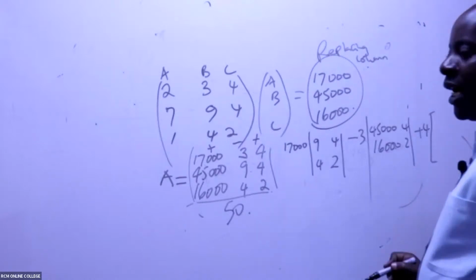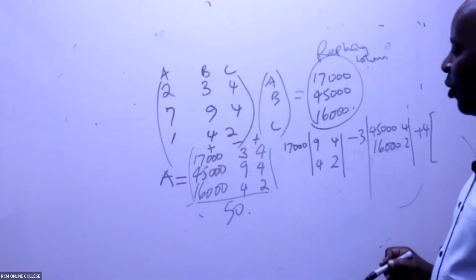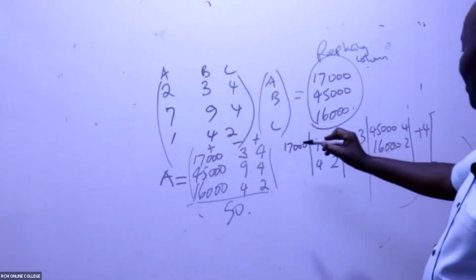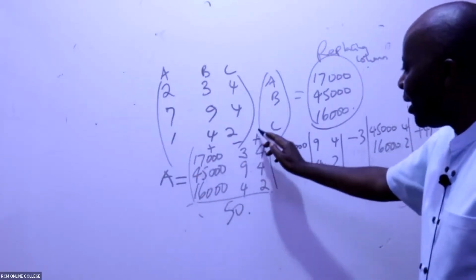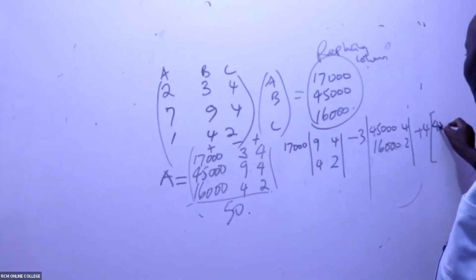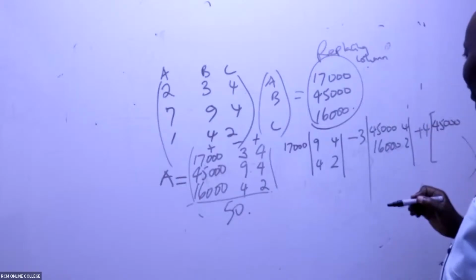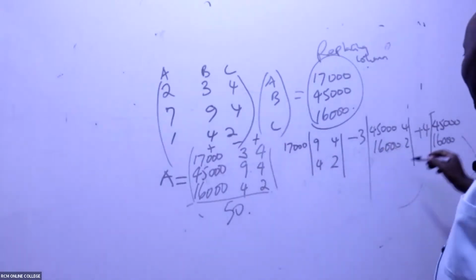The 4, ladies and gentlemen, here, we are hiding this under that. So when you hide this under that, what do we have there? We have 45,000. Oh, have I done it correctly? Yes, 16,000. And then, of course, if it is this and that, we have 9 and 4.